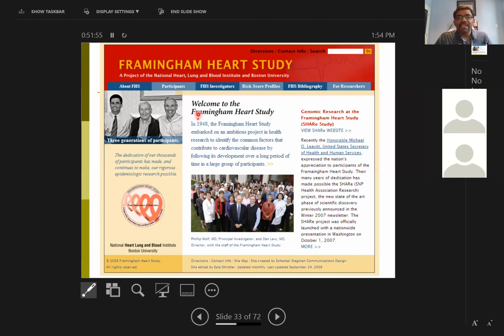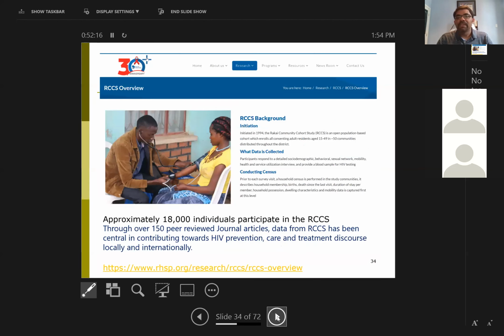Here are 3 generations of participants, grandfather, father, son, all participants in the cohort study. So that cohort study is 70 plus years and still going as of today. They keep on collecting data. Every 2 years they screen everybody for their exposures and their outcomes.